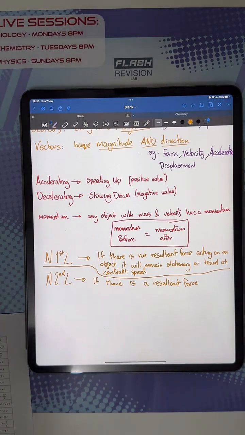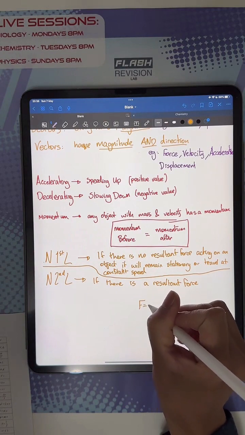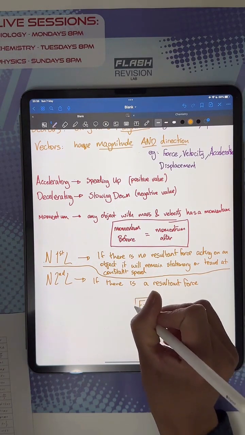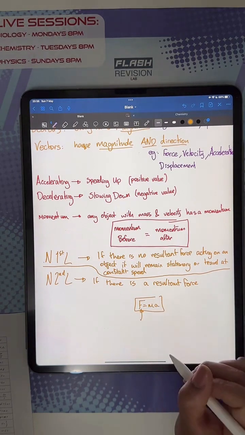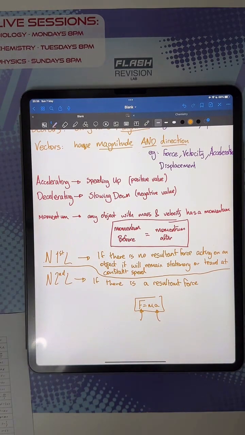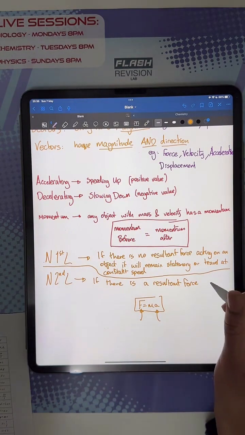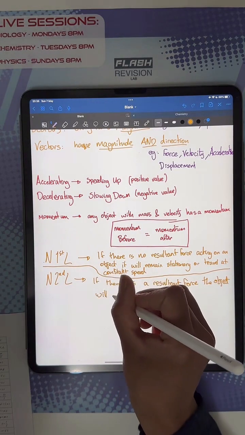So F equals ma is an equation to describe Newton's second law. It basically means if there's a resultant force, F means resultant force, then the object will accelerate. So if there's a resultant force, the object will accelerate.